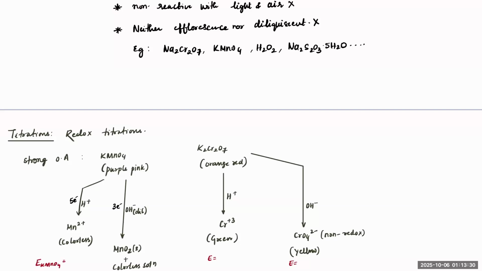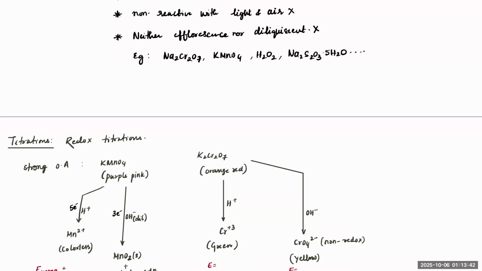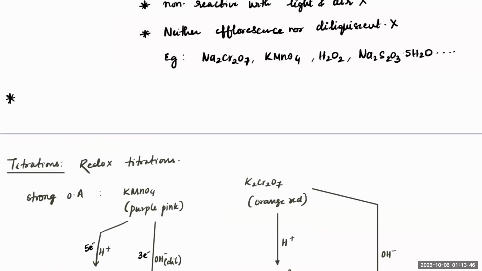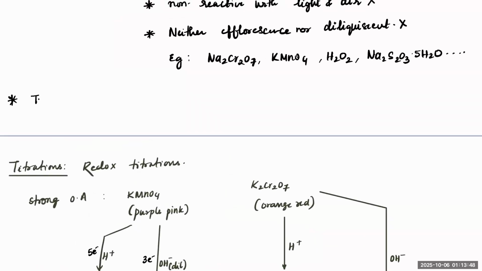One of them will be in excess, and we add something like a third reagent to complete the titration. Such titrations are called back titrations. So overall, I can say there are two major types of titrations. One is direct titration. The other one is back titration.